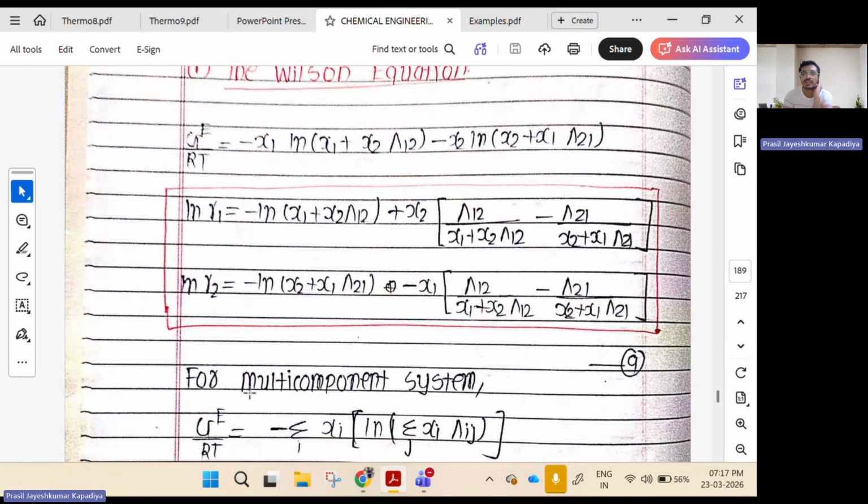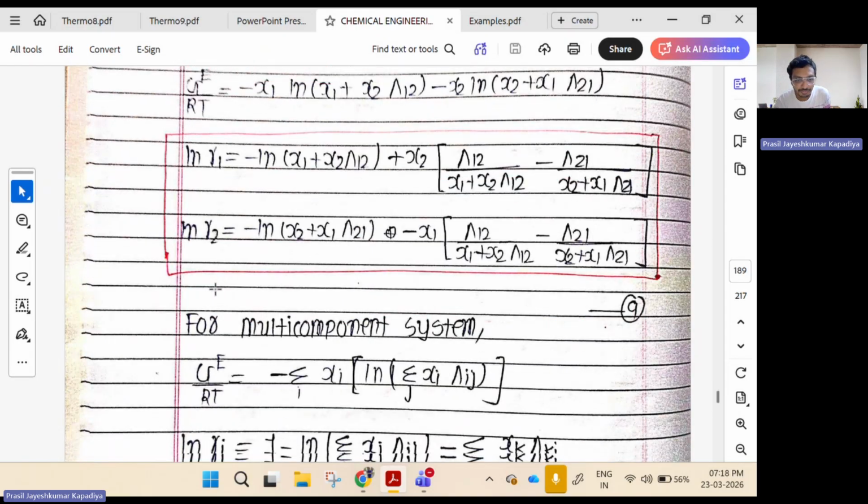So for the Wilson equation, ln gamma 1 is minus ln of x1 plus x2 lambda 12, plus x2 times lambda 12 by x1 plus x2 lambda 12 minus lambda 21 by x2 plus x1 lambda 21. This term is the same in both cases, when I'm dealing with ln gamma 1 and when I'm dealing with ln gamma 2.